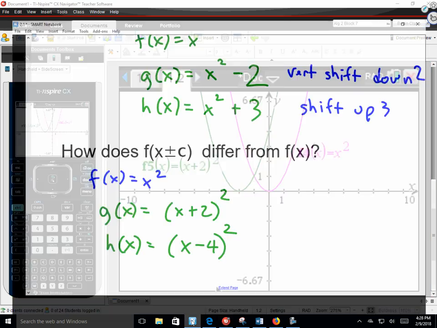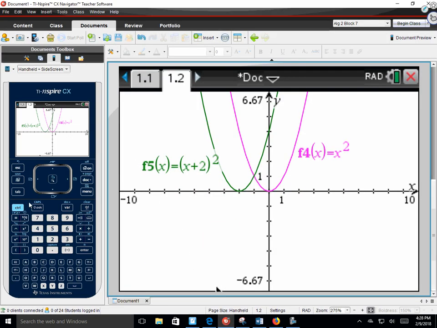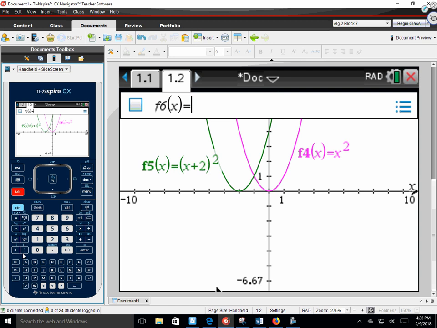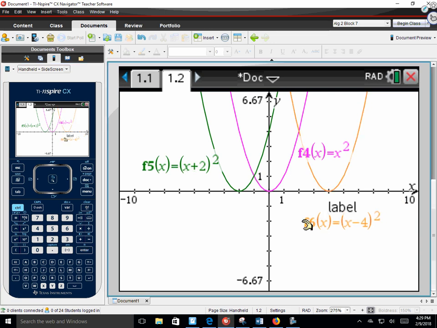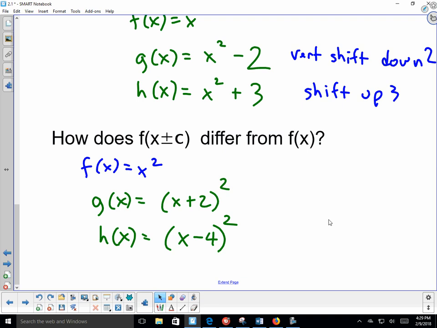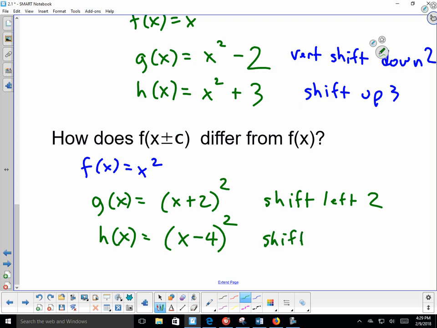And what if we do x minus 4 quantity squared? I push tab, and parentheses, x minus 4, close parentheses, squared. And that one has been shifted 4 units to the right. So hopefully you remember that from all of our work with transformations. So this is a shift left 2, and this one is a shift right 4.